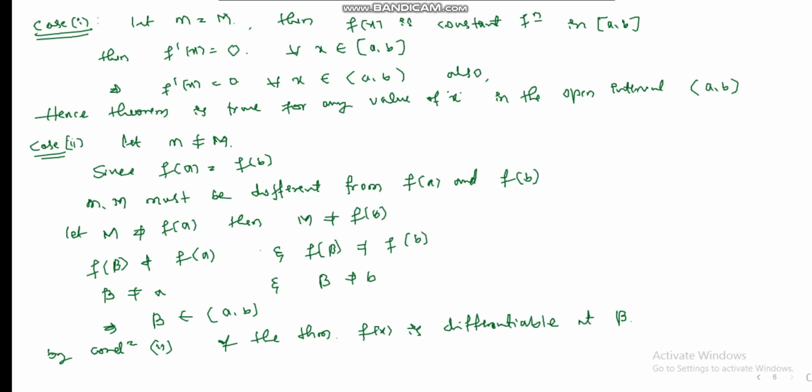So that's why, by condition number 2 of the theorem, f of x is differentiable at beta. So now we know about it here. We go to the next page.